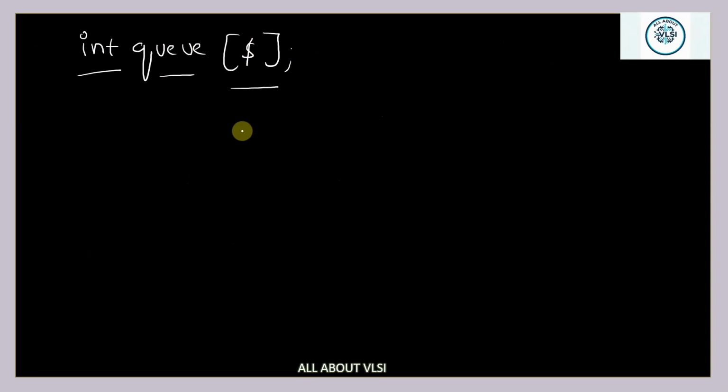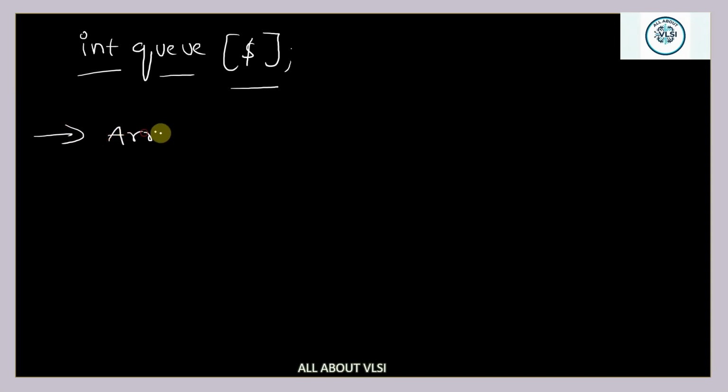For example, if we have declared a simple queue, int queue with this symbol, now initially no memory has been allocated. Okay, if you use the dot size function also, you are going to get 0. Now, let's say you are going to enter an element into this queue. How to enter an element into the queue?